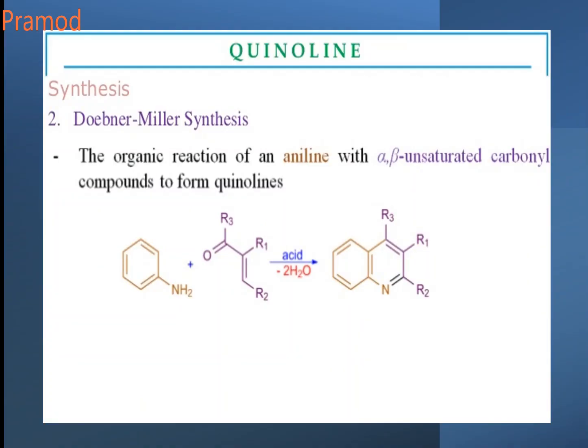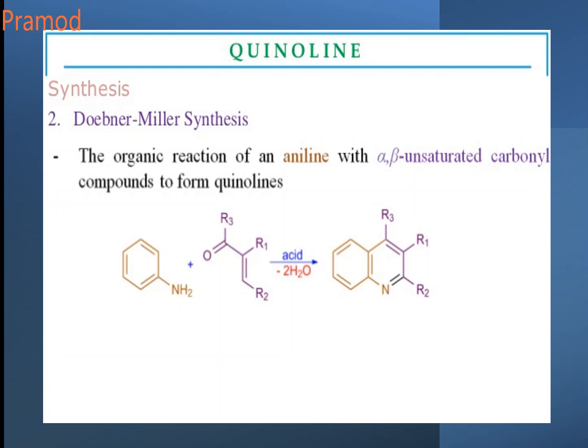The next method is Doebner-Miller synthesis. So what happens in this case? Your aniline reacts with an alpha beta unsaturated carbonyl compound. So there is unsaturation at the alpha and beta position of the carbonyl compound.